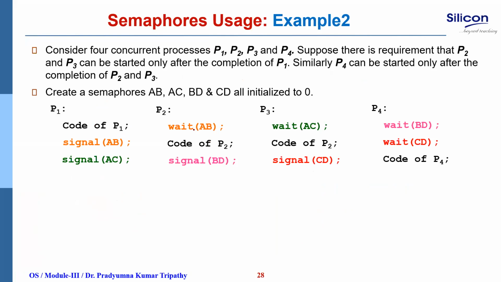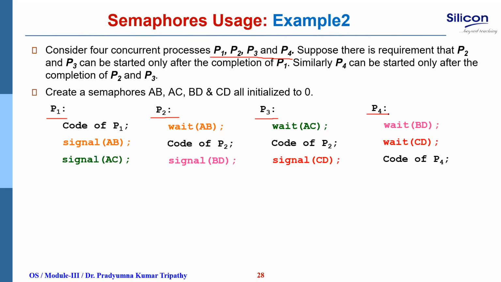Now we'll go for one more example of semaphore. Suppose we have 4 concurrent processes, P1, P2, P3 and P4.